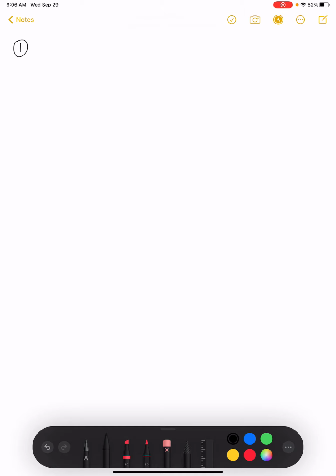Problem number 1. Solve the inequality 2x minus square root of 2 is smaller than x times square root of 2 minus 2.